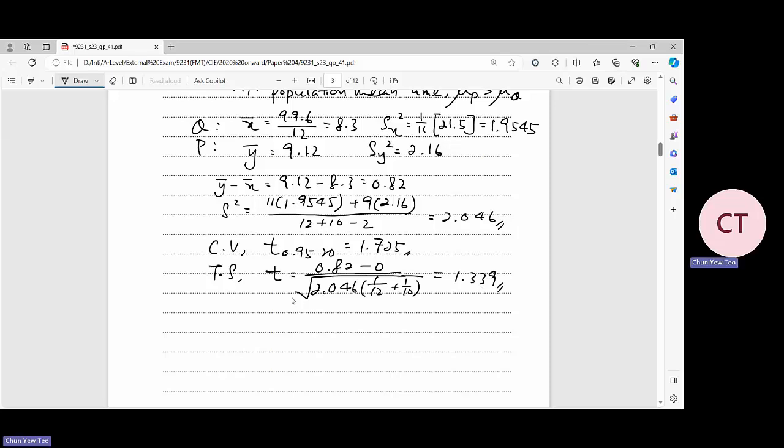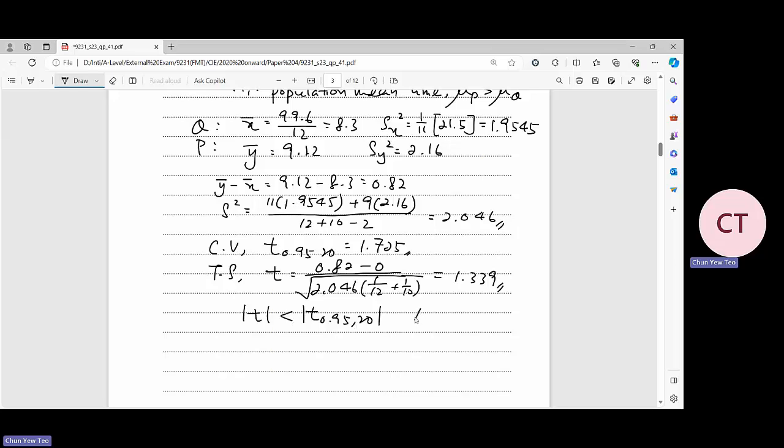Now we want to make a decision. To make the decision, you compare the t with the critical value. You put modulus for both, and you can see that the test statistic is actually less than the critical value.